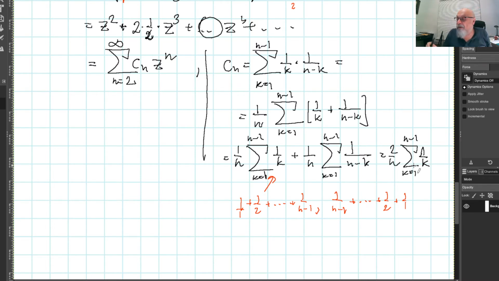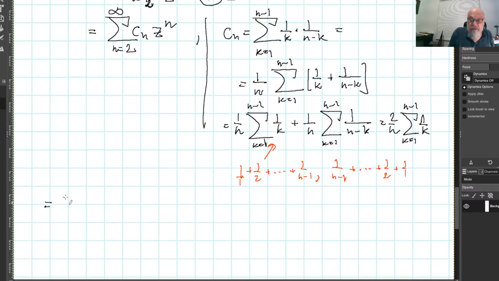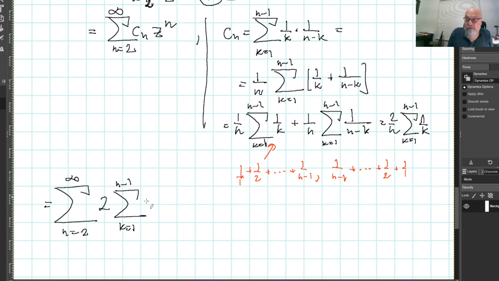And now I can write the answer. So in such a case, this series is equal, and let me write it down as a formula: the sum for n equal 1 to infinity of 2 times the sum for k equal 1 to n minus 1 of 1 over k, and this is a part of the harmonic series, as you notice.